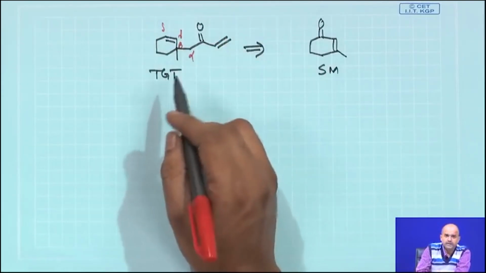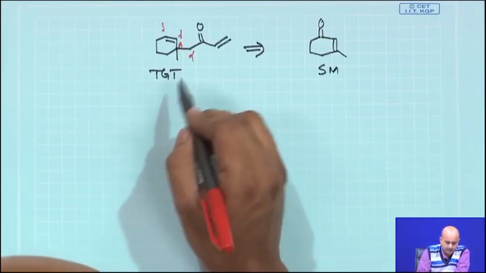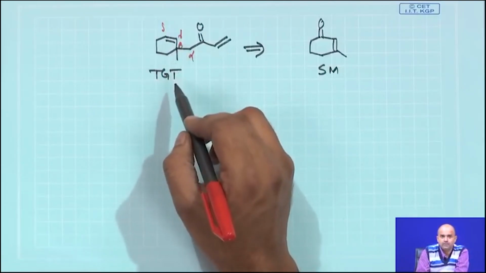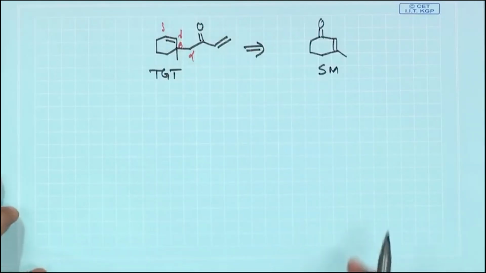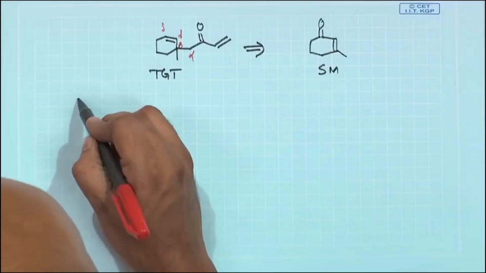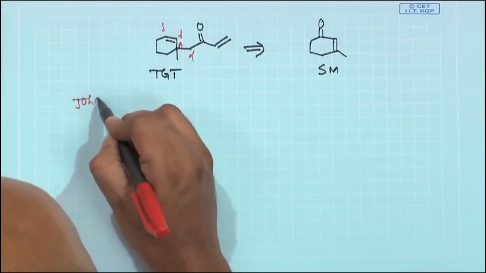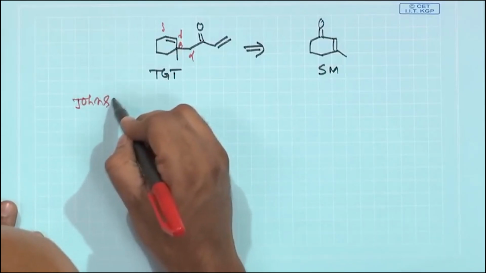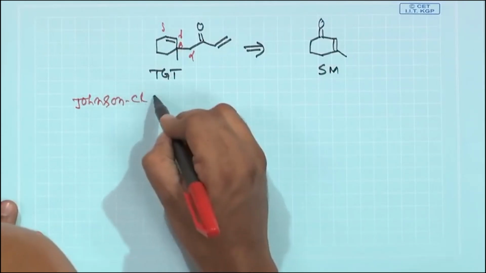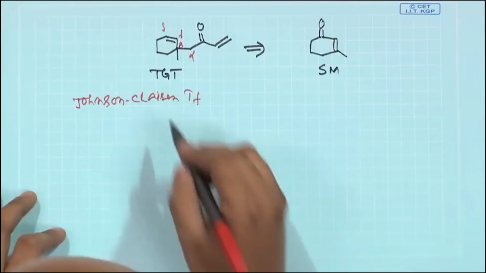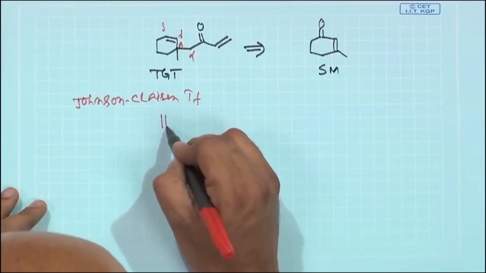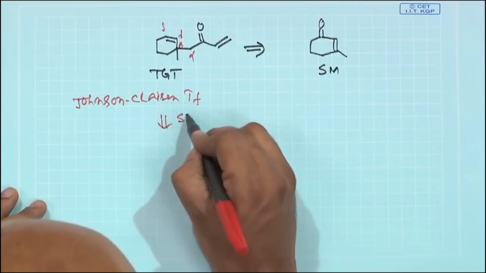Now, we have discussed many times that whenever you find a gamma, delta unsaturated carbonyl compound, the best transformation will be the Johnson orthoester rearrangement, or Johnson Claisen rearrangement.